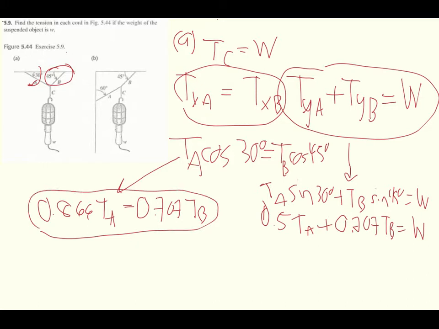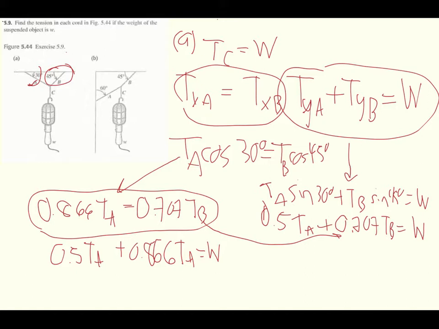Since 0.707 T_B equals 0.866 T_A, we can just substitute that completely into here. So then I'm going to replace this and say 0.5 T_A plus 0.866 T_A equals W.